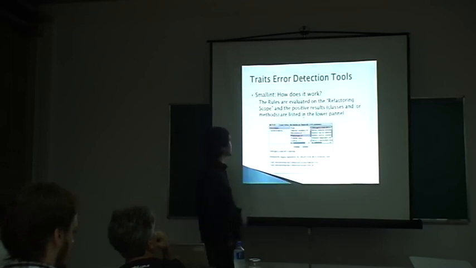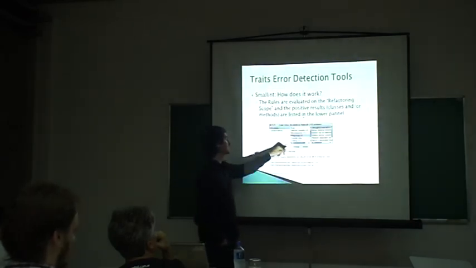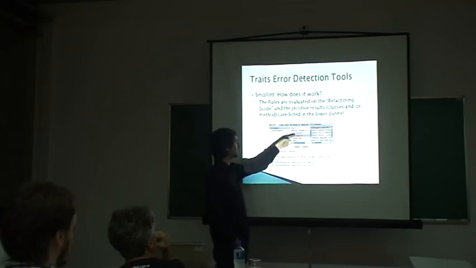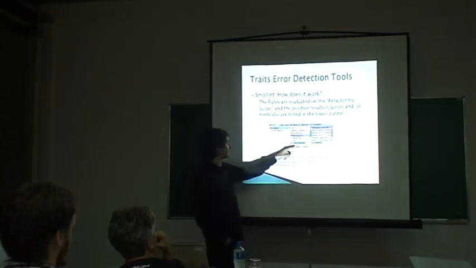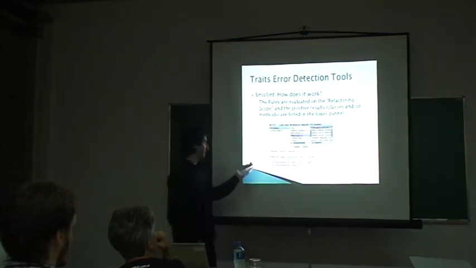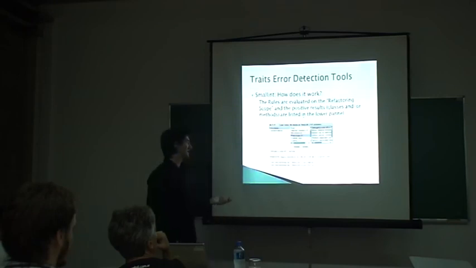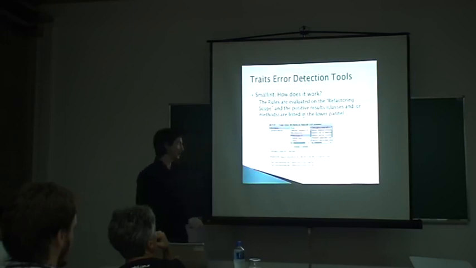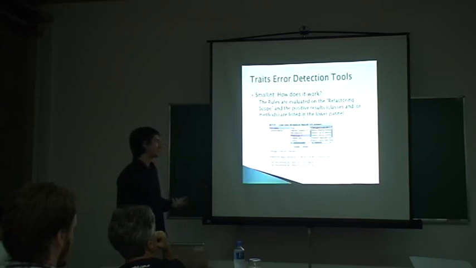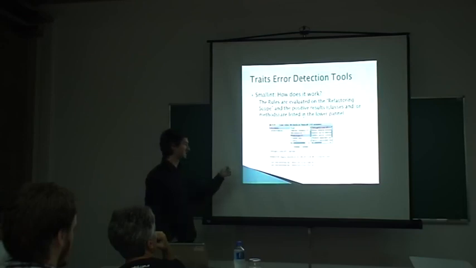Here we can see the rules group and the rule instances, and the result of that selected rule. Here we can see that it's not really detailed. Sometimes it's enough to see the class or the method where the error is happening, but usually more detail would be more useful because sometimes it's difficult to find the actual error.